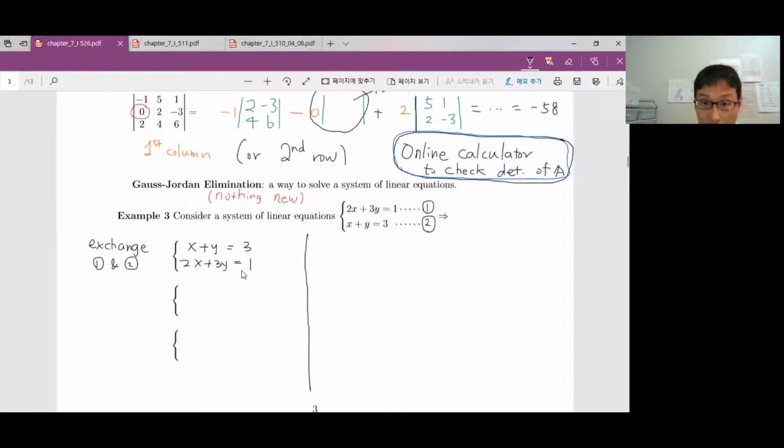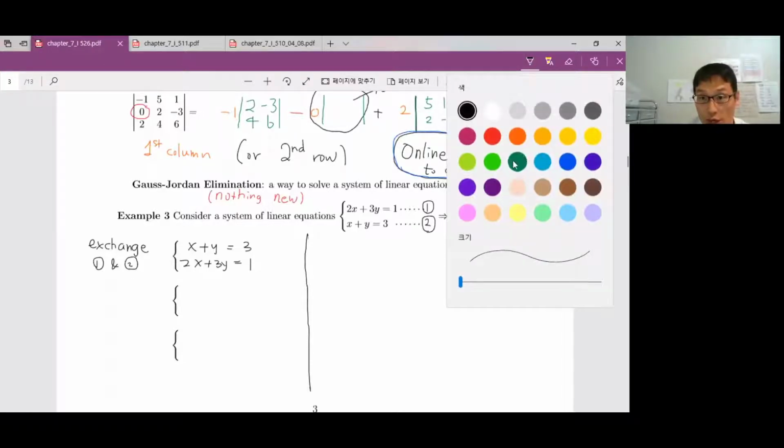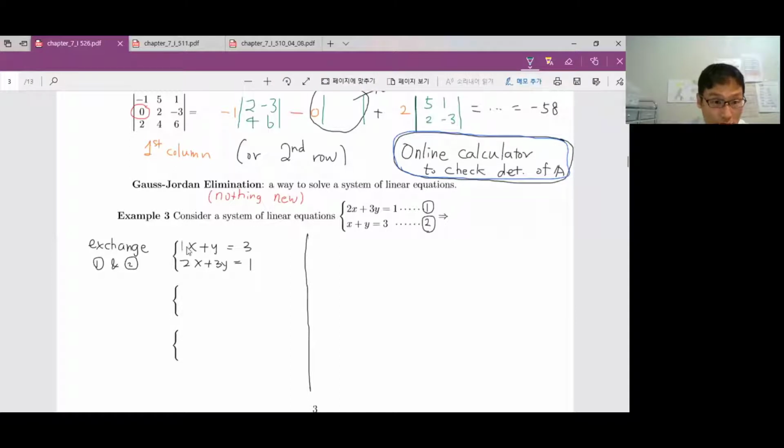Well, the reason I start with exchanging 1 and 2 is to have 1 here. We will see why we need 1 in the very next column in a minute, but for some reason, we are exchanging two equations.